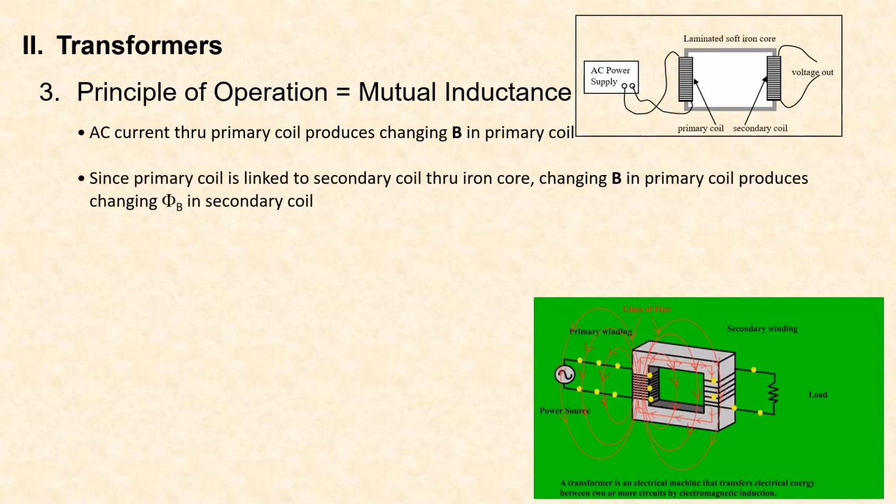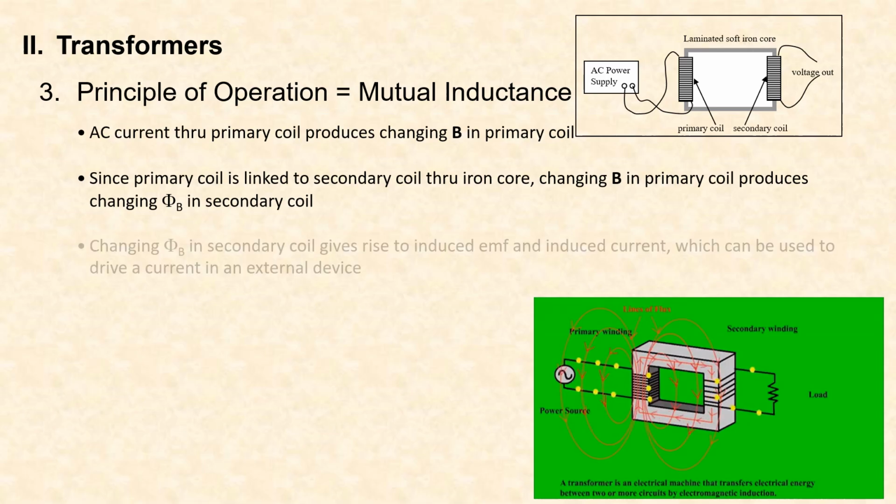So anyways, that changing current in the primary coil, which produces the changing magnetic field in the primary coil, since that primary coil is linked to the secondary coil through this iron core, that changing magnetic field in the primary coil produces a changing magnetic flux in the secondary coil.